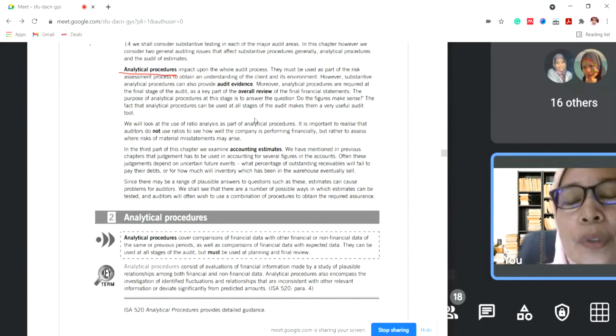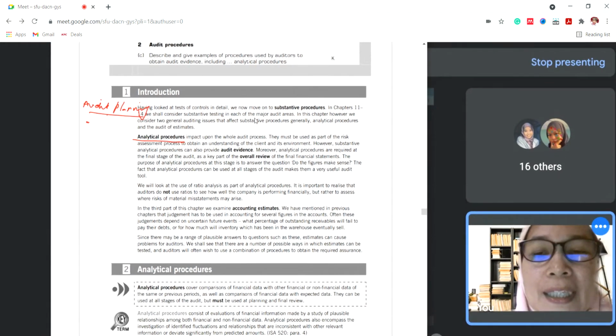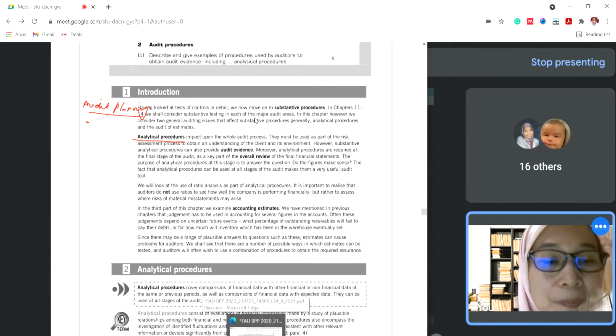So remember in the audit planning stage, you perform the analytical procedure. Still remember or not? During the audit planning, you perform the analytical procedure. Is it correct or not? Still remember?